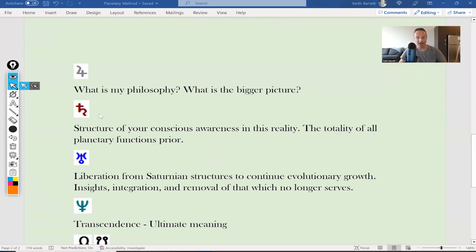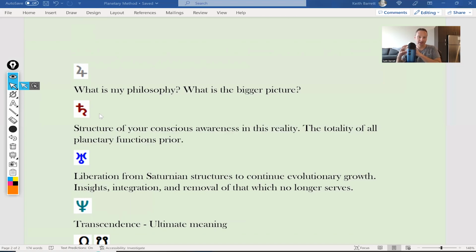Then we arrive at Saturn. And so the luminaries, the sun and the moon, and these planets that I discussed prior to Saturn are inside of Saturn's orbit. And so you can think of Saturn as the structure. So this is your conscious awareness in this reality, is the symbol of Saturn.